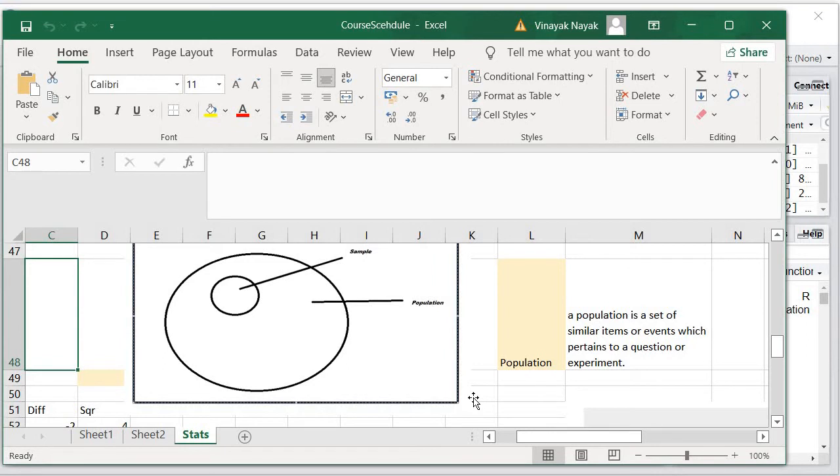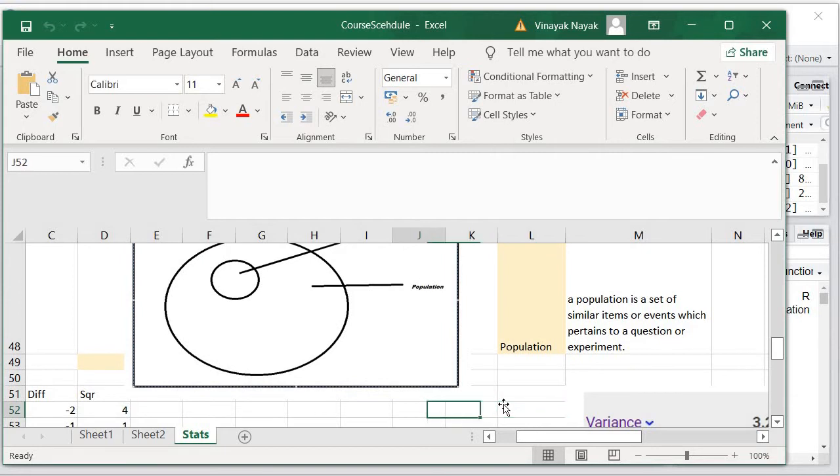So there is a slight difference in the calculation of variance for population and for sample. Let us go through an example of how to calculate the variance and the standard deviation.